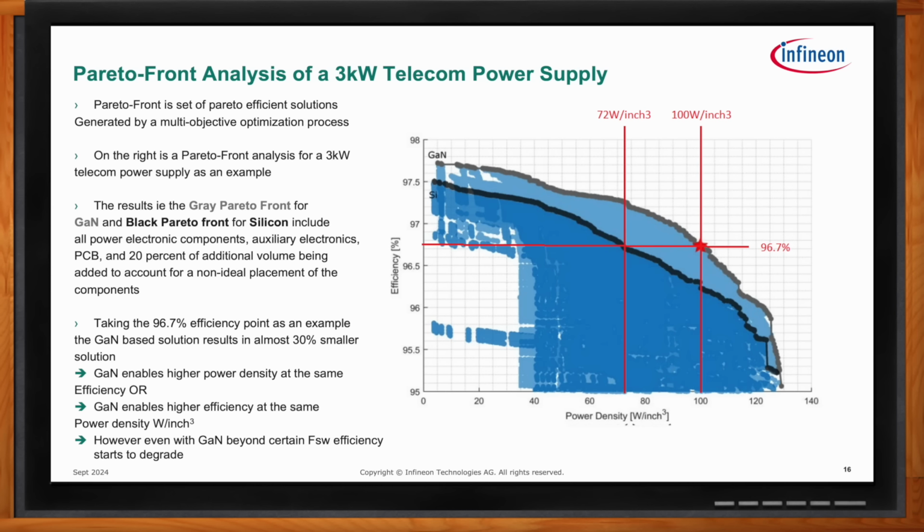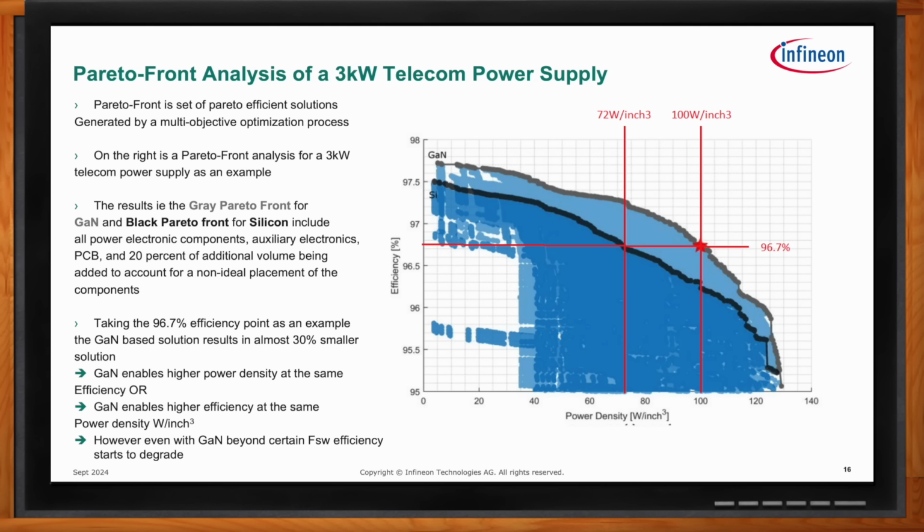So as noted earlier, on the right is a Pareto-front analysis for a 3 kilowatt telecom power supply. This graph on the y-axis designates efficiency, or alternatively power loss. Then on the x-axis is the power density, or another way to look at the x-axis is switching frequency. So the more you are on the right, the higher the switching frequency.